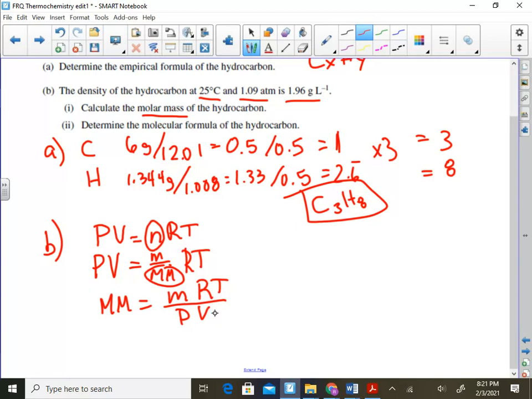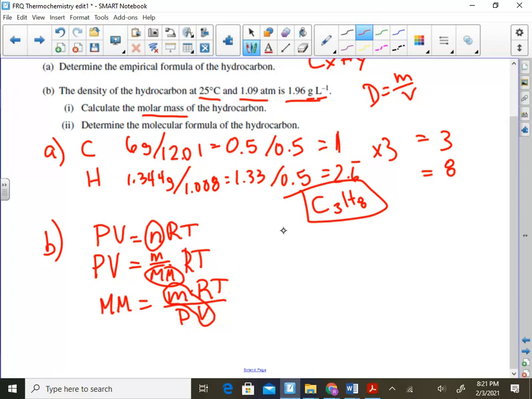Now, we have everything we need to plug in, but we're not given mass and volume. We're given density. And density has mass and volume in it. So density is mass divided by volume. You have to maybe notice this.